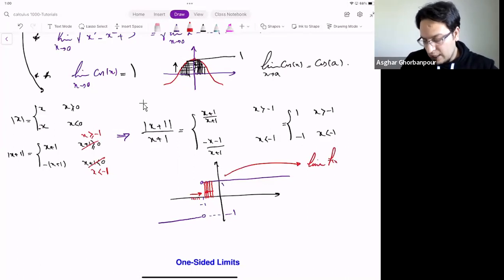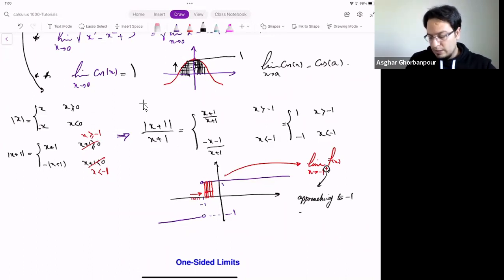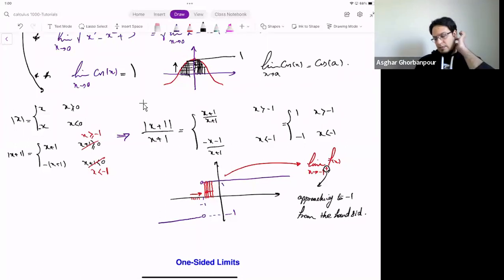The limit of the function as x goes to -1 from the right, that's how we say we are approaching -1 from the right-hand side, or from the numbers bigger than -1, is equal to 1.